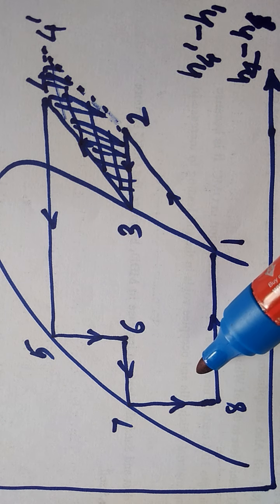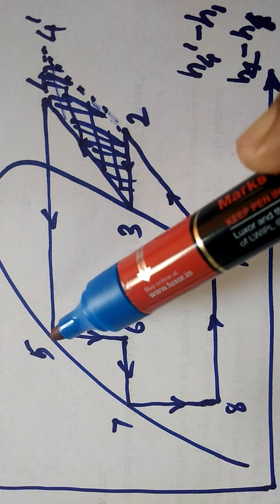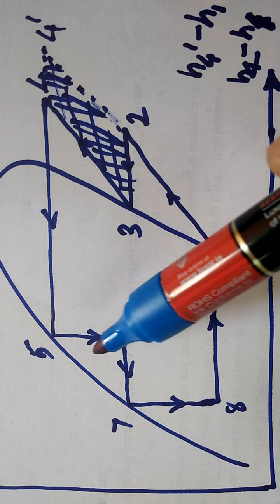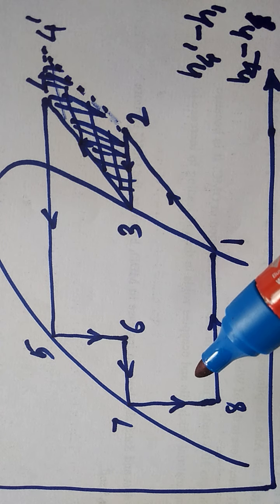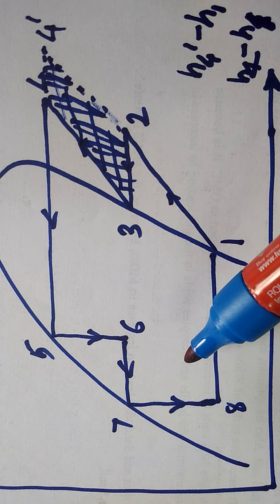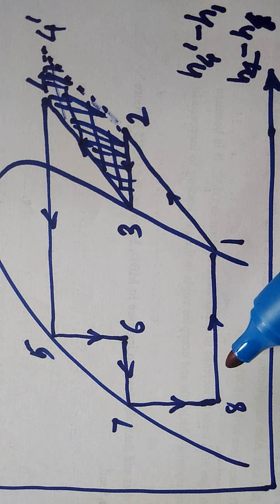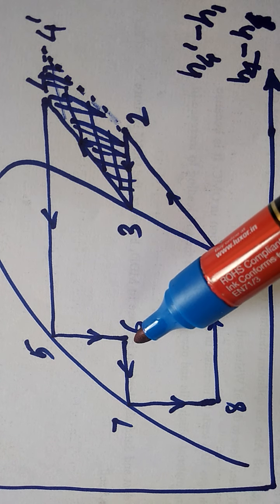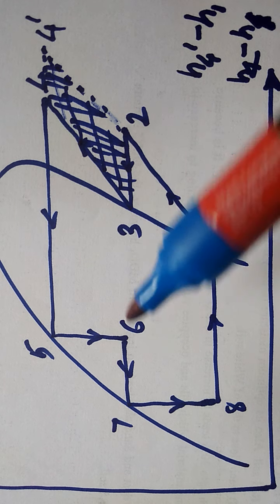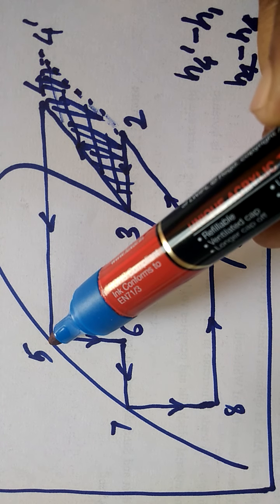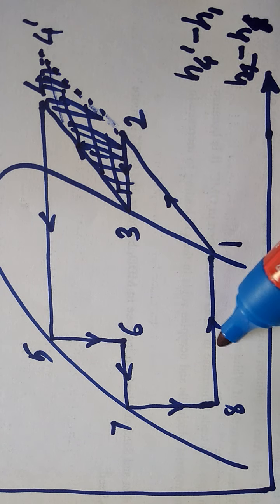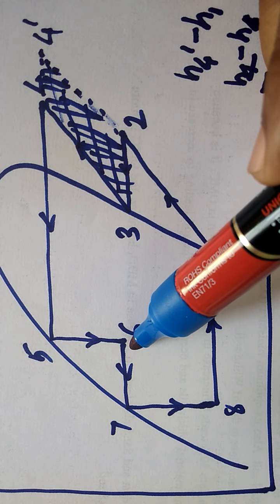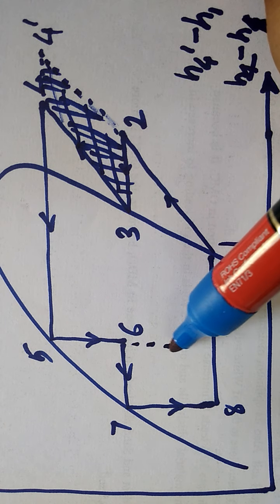So in this case also, instead of expanding in a single stage, if we expand it in double stages, that means 2 expansion valves are used, then the net cooling effect will increase. Let us see how it increases. See, if I had expanded the high pressure liquid refrigerant from 5 to evaporator pressure in a single stage, then I would have followed this path.